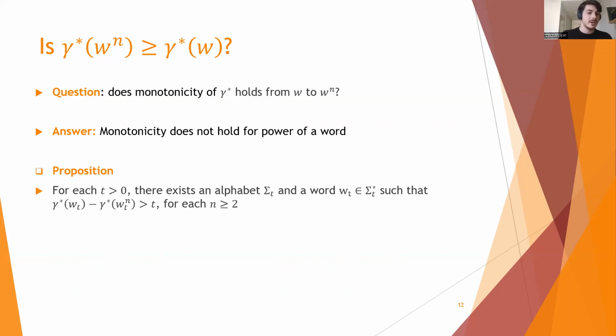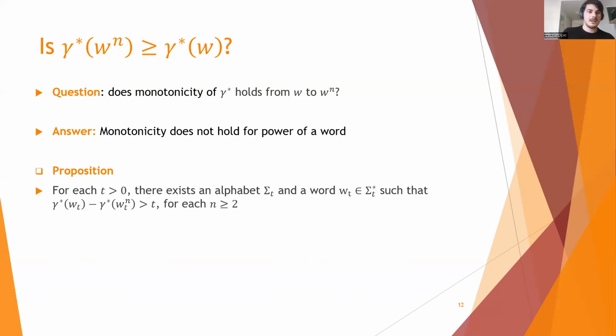That is, for each t greater than 0, there exists an alphabet sigma_t and a word w_t, such that the difference between the small string attractor of the root and of the n-th power of w_t is greater than t for each n greater than or equal to 2.